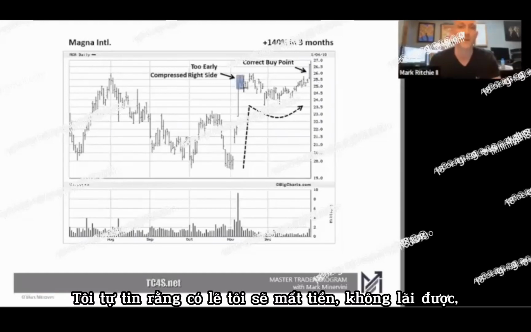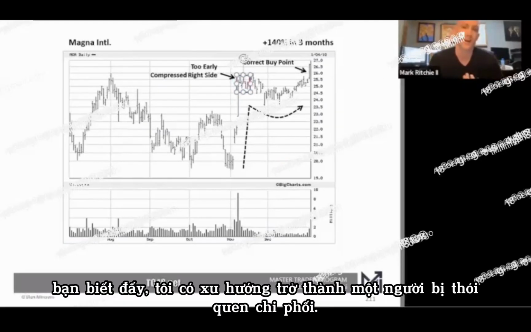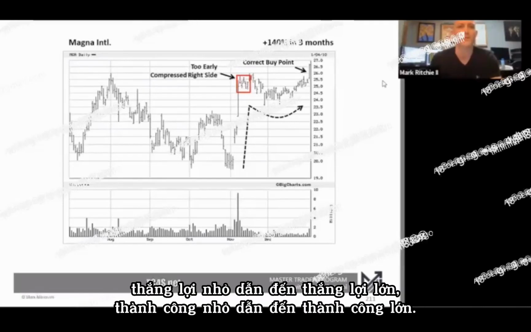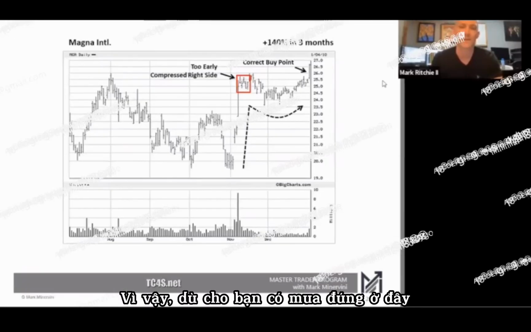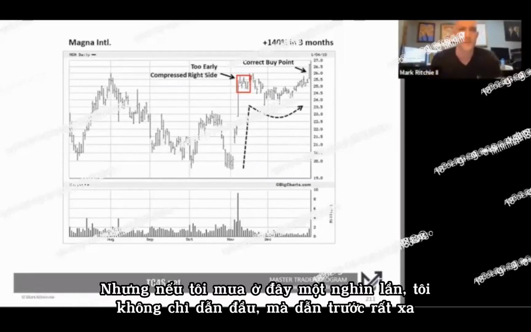I have confidence I'm probably money down, certainly not money up, because to your point, it has not gone through the proper process. So, I tend to be a creature of habit. Little wins lead to big wins, little successes to big successes. If you buy at the correct buy point here, it doesn't guarantee you're going to be right every time. But if I buy there 1,000 times, I'm not just ahead, I'm way ahead.